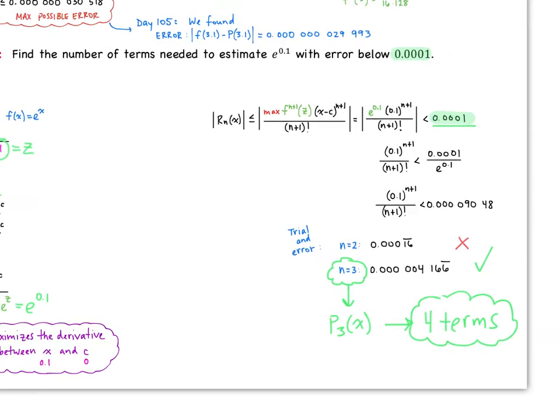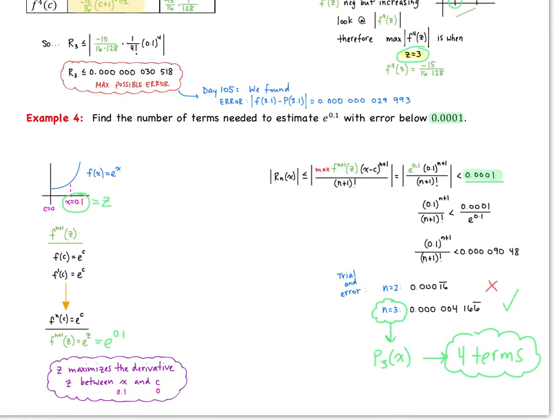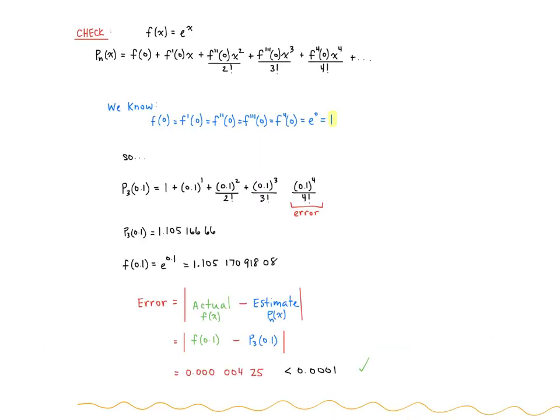All right, so as we check our answer, I'm going to zoom to the next page. I'm going to go through this check kind of quickly. We are taking our function e to the x. We rewrote it as a polynomial. Now, we really want to focus on just the third degree polynomial, but remember, this is our polynomial in terms of e to the x. Now, we know that when we're evaluating f of 0 or f prime of 0 or f double prime, etc., we're all going to get the same thing.